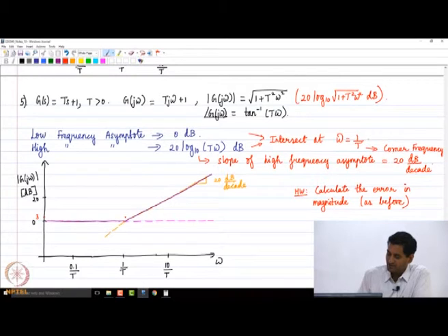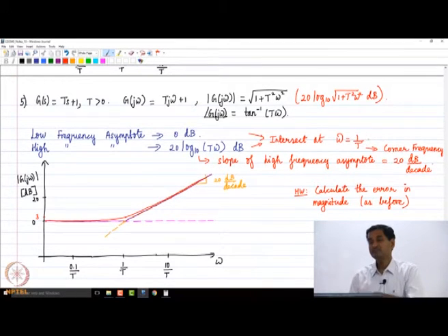So the actual curve will be something like this, okay. So now you see that at high frequencies the magnitude is increasing at the rate of 20 decibels per decade, right.